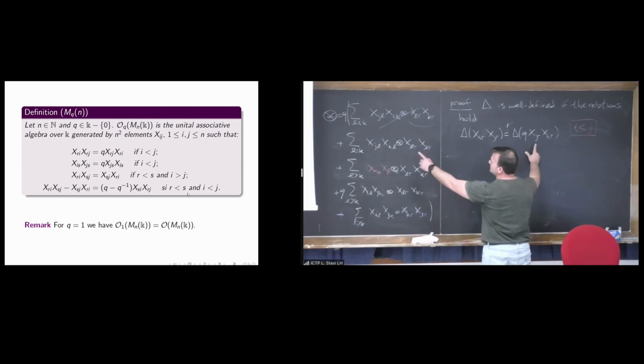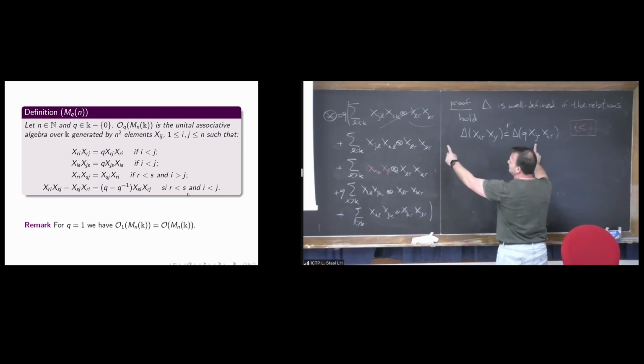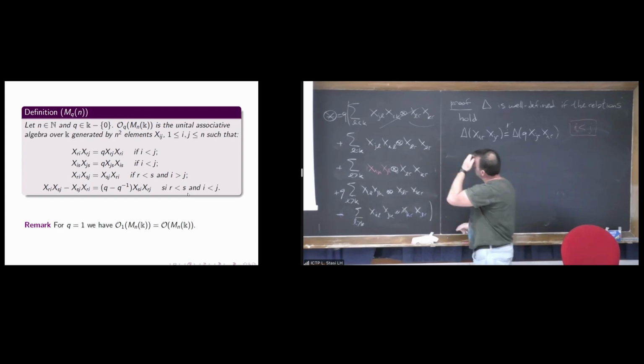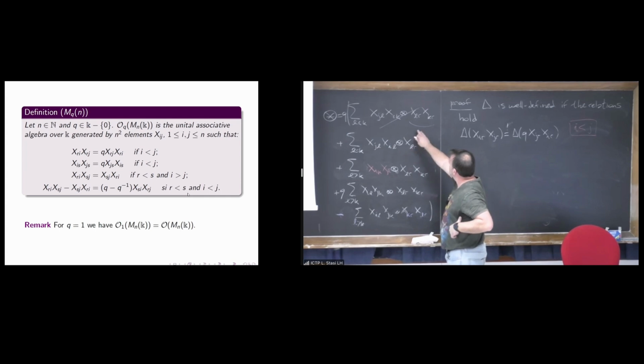So everything is correct. J, L, L, R, I, K, K, R, it's okay. So these ones should be, these are all equal.